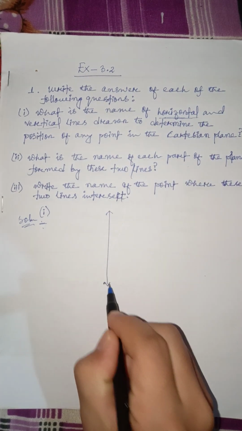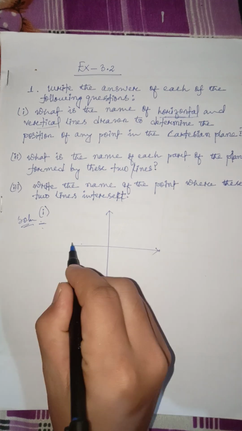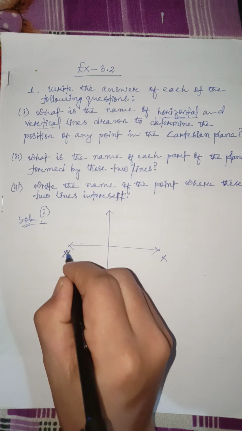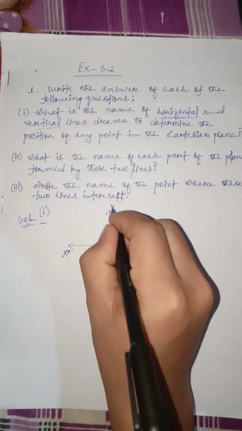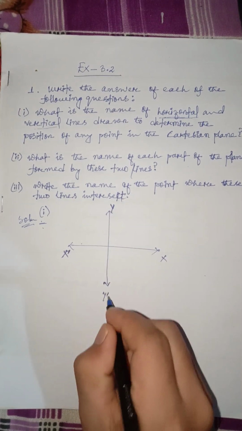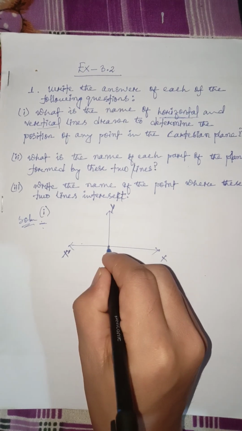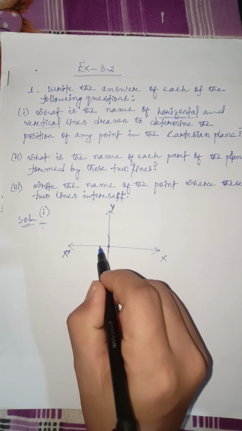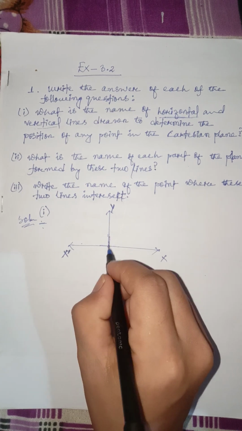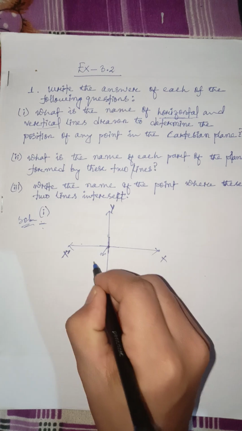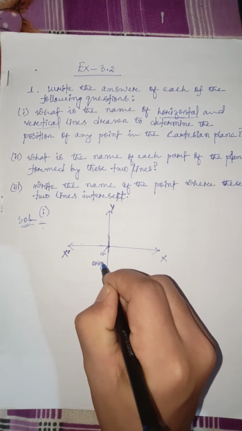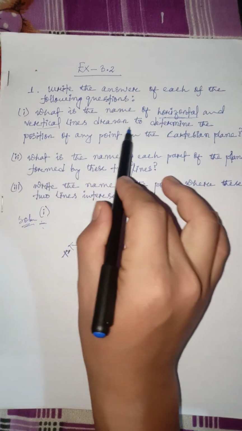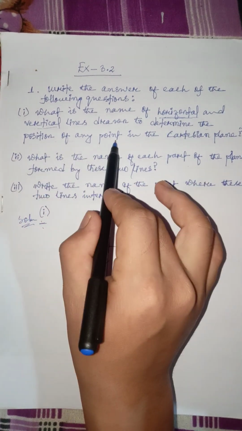Let us suppose this is the x-axis, and we name it as x dash or x prime, and here it is y, and here it will be y prime, right? Now the center where the x-axis and the y-axis meet, we call this the origin.